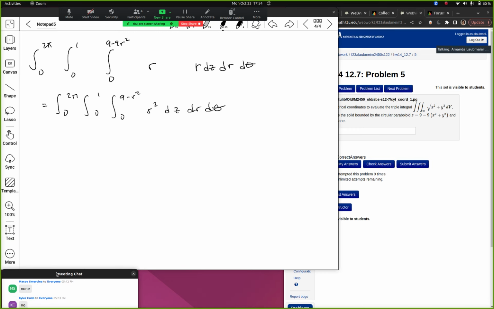I just simplified that r to an r squared. So my first bounds are z. I'm even going to pull out this r squared as a constant as far as z is concerned. And I'm looking at 0 to 9 minus r squared dz on the inside, and then I'll think about dr and d theta after that.